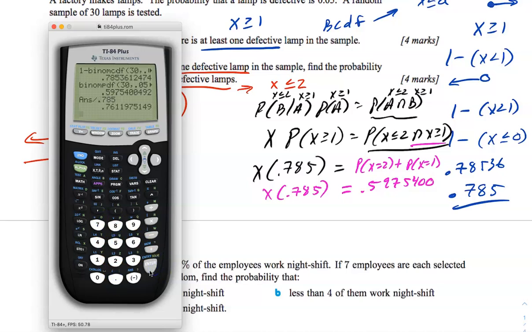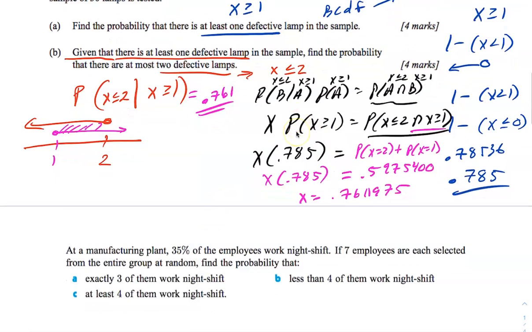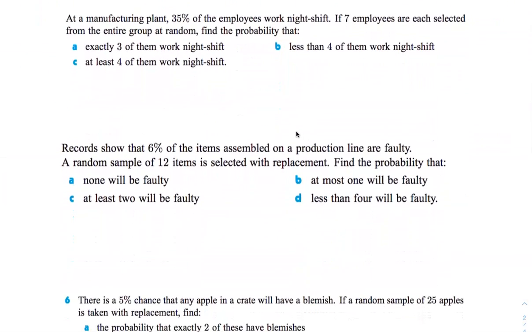And I get 0.7611975. So the odds of this happening are 0.761. So there we go. Gotta love those given that problems. So let's do some more straightforward ones. We'll go with these faster.